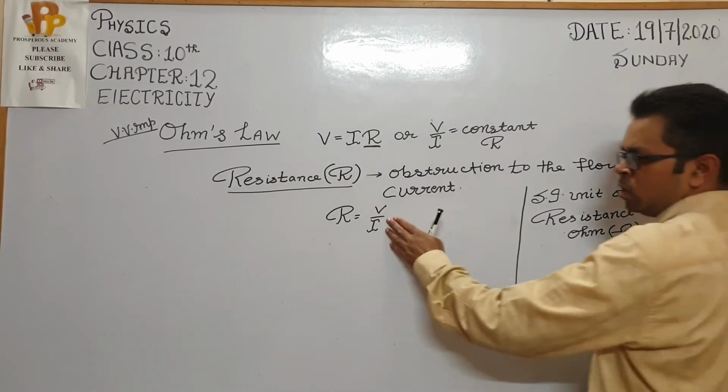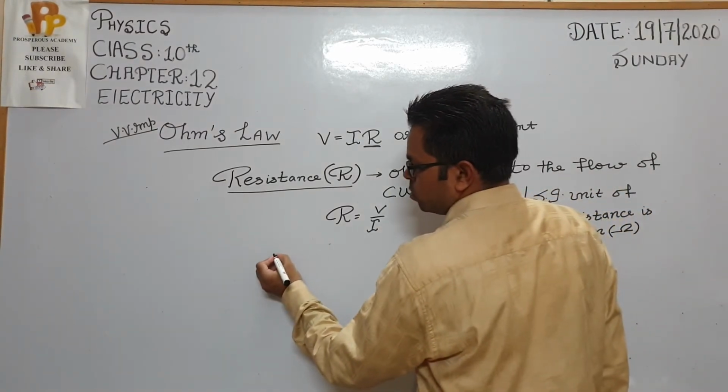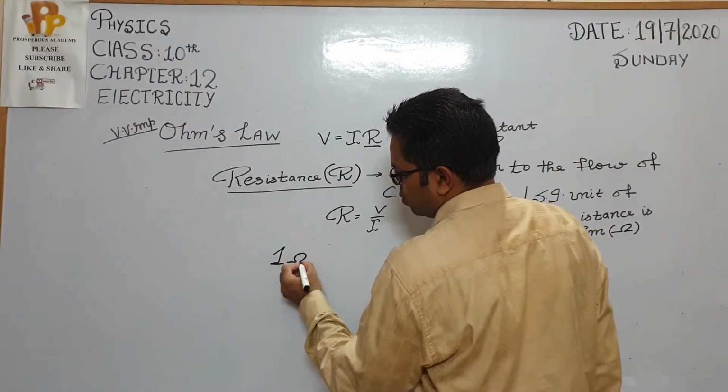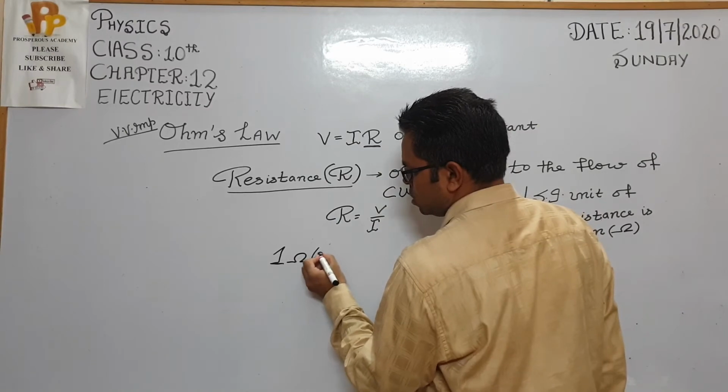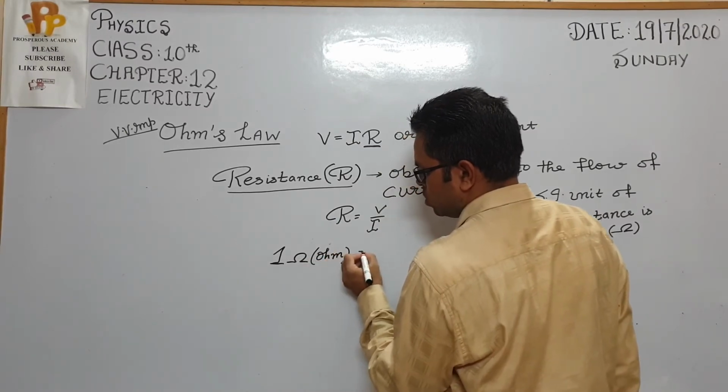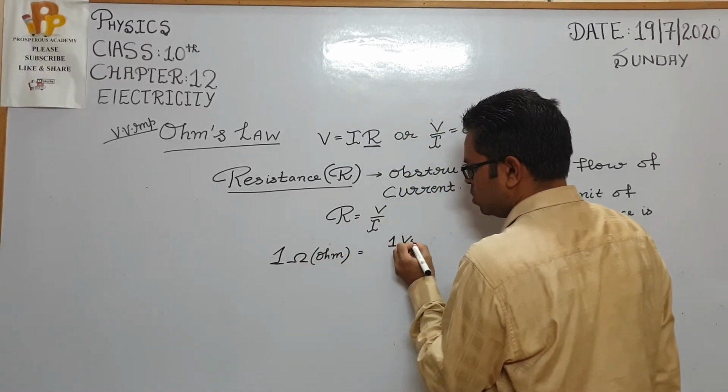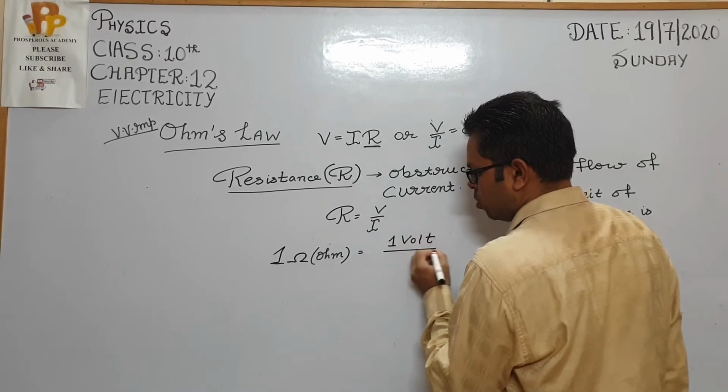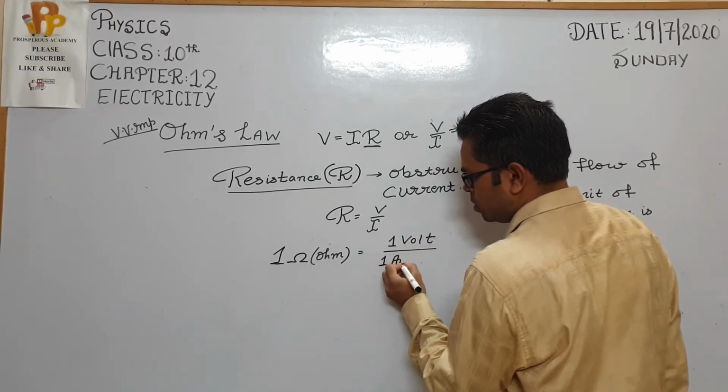Now from here you can define 1 ohm. You get 1 ohm is equal to 1 volt upon 1 ampere.